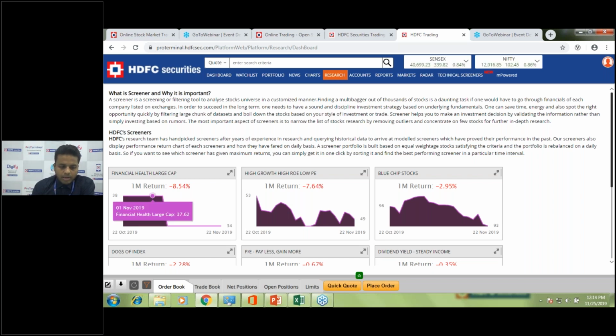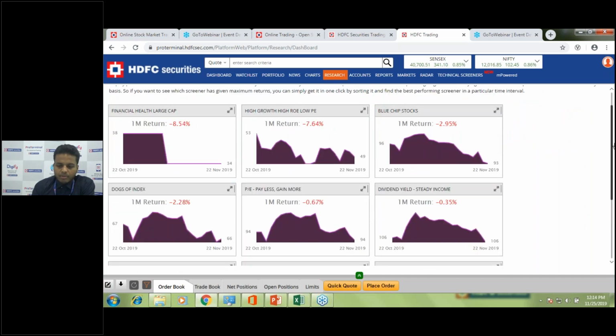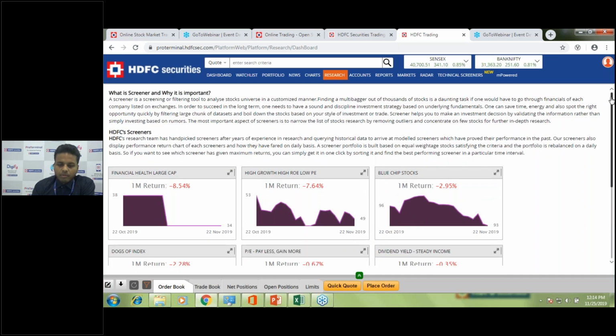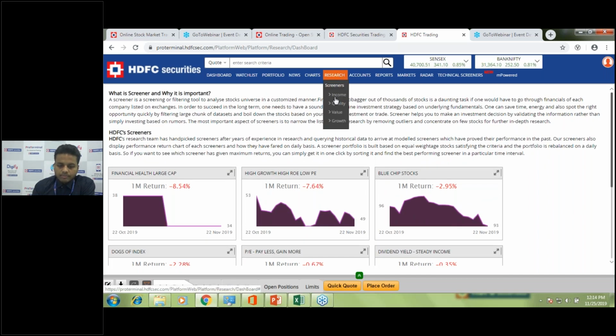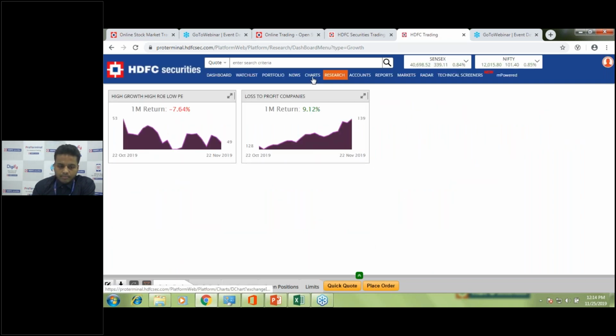So you can see the financial health, mid cap, large cap, high growth, blue chip stocks, and all the other fundamental-related information will be there in our research section. You can go with income, quality, value, growth, different kinds of subcategories will be there, and you can use it for your long-term trading and long-term investment analysis.